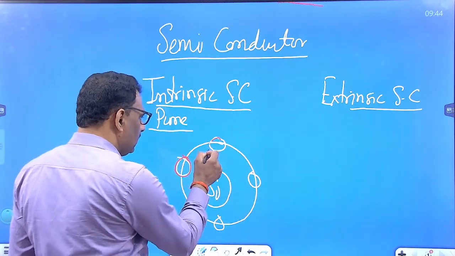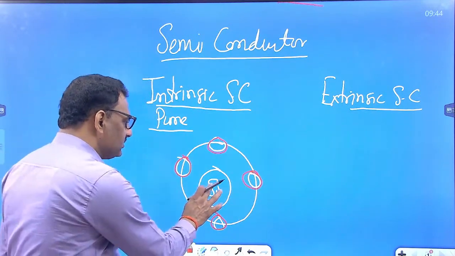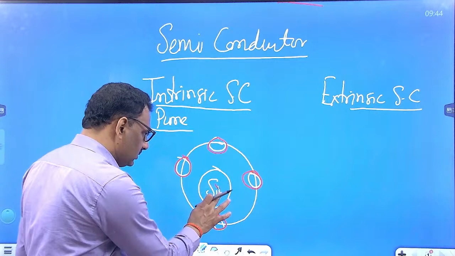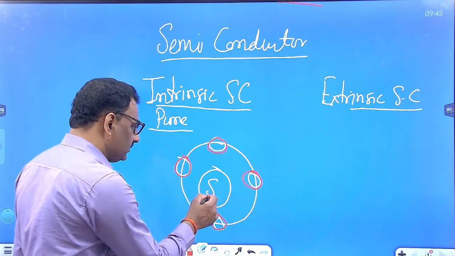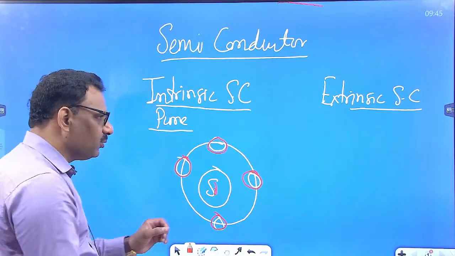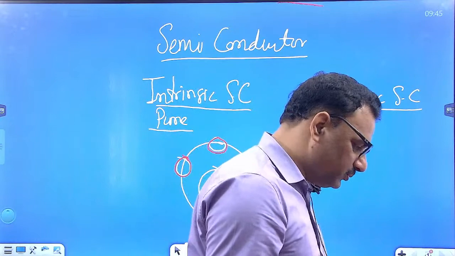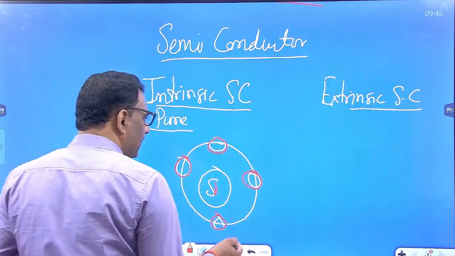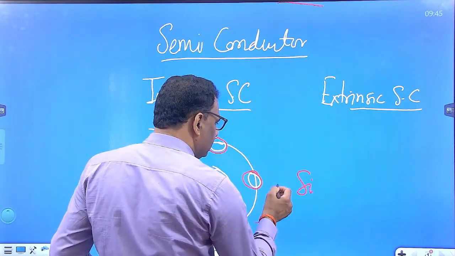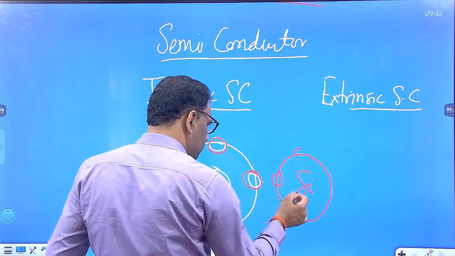This is the silicon structure, a single atom. If you make a solid of this semiconductor, what will happen? We have another silicon atom here, and in the outermost orbit we have 4 electrons.